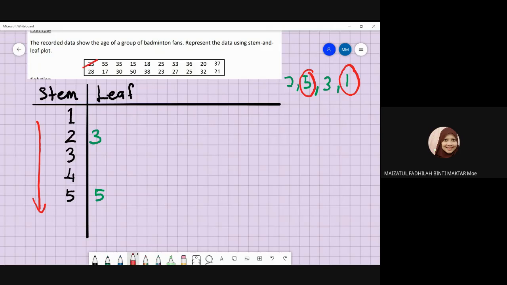Continue with the next one. 3 on your left, so go to the stem that has the number 3. Then the number 5, write down as the leaf. Then continue with the others.